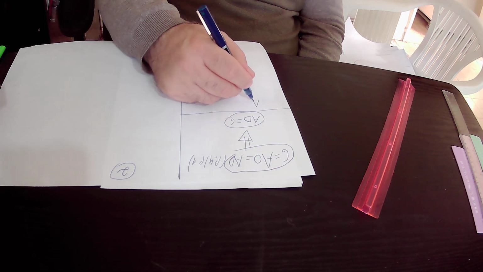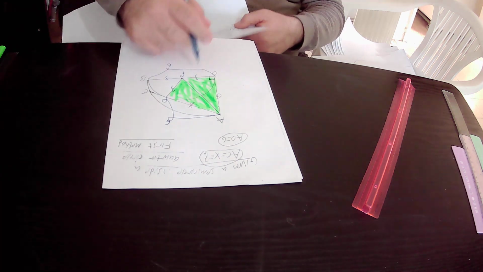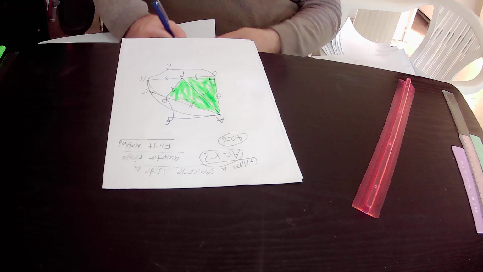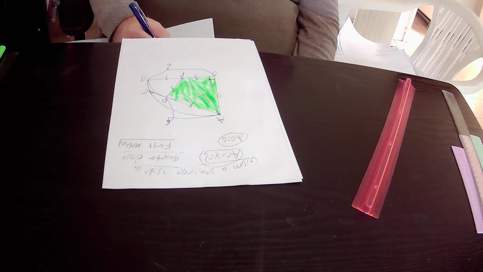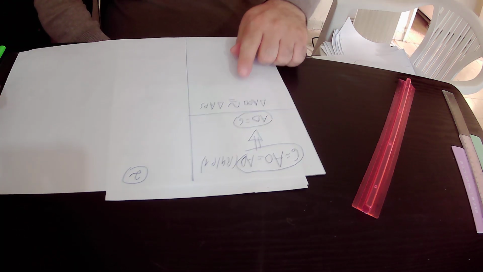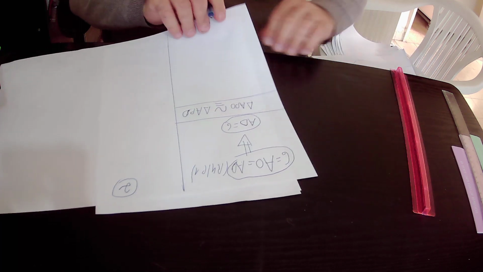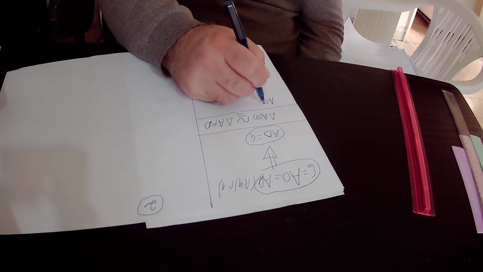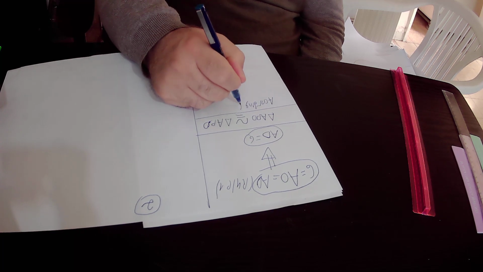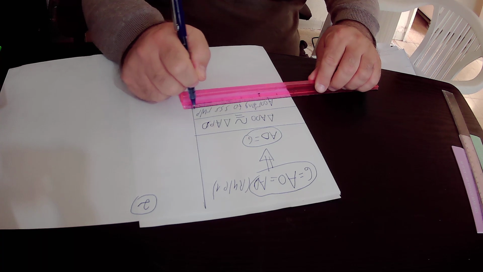We prove that the right triangle APO, this right green triangle, is congruent to the right green triangle APD, this is the sign of congruent, and they are congruent to each other according to the side rule.